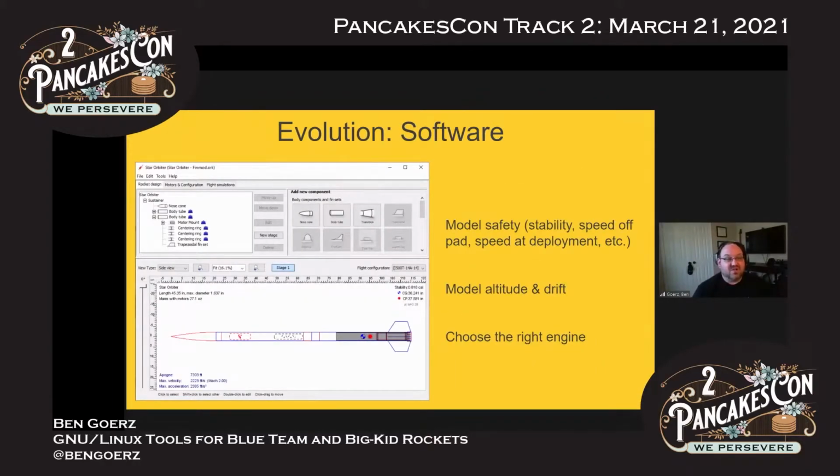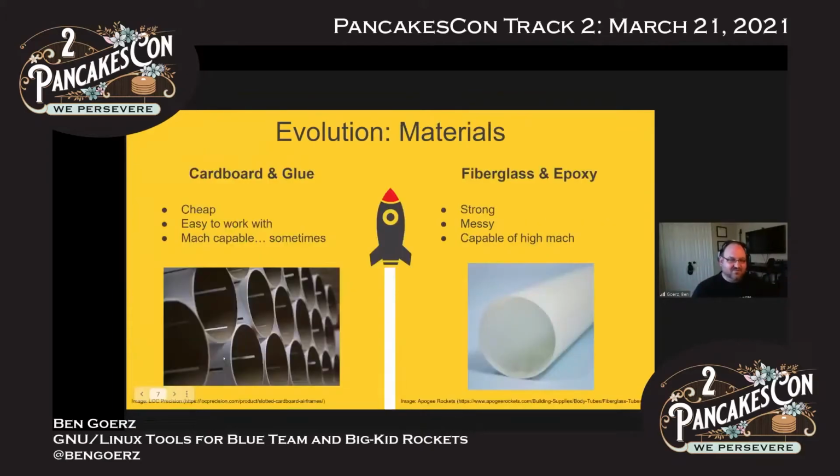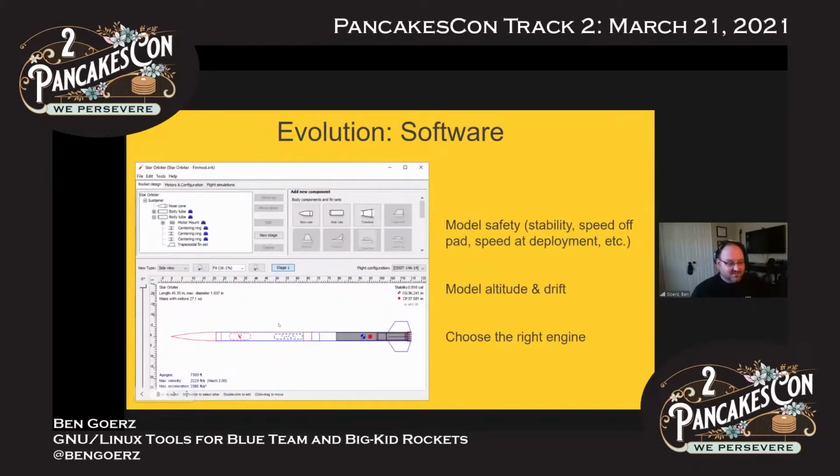Another evolution is software. This is a program called OpenRocket. It's Java based. You can actually model out your rockets. The rocket here is one that you probably shouldn't fly. This is more of a thought experiment of, I have a rocket that looks like this. What would happen if I just throw the biggest engine I possibly could in it?